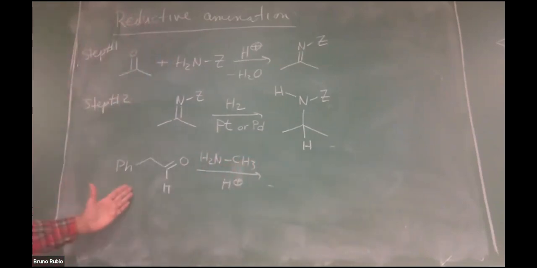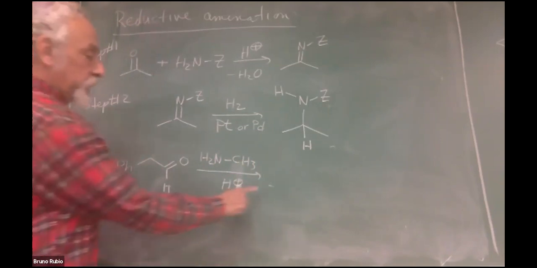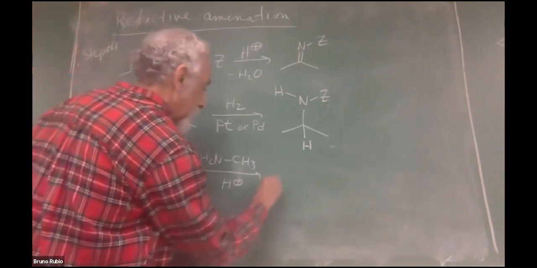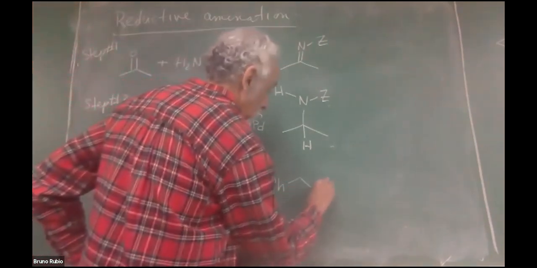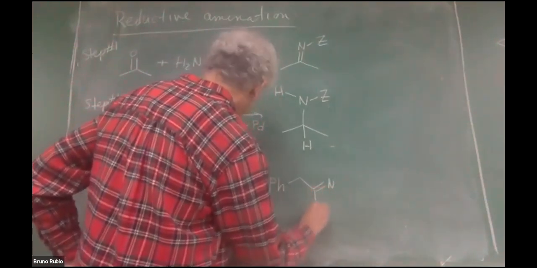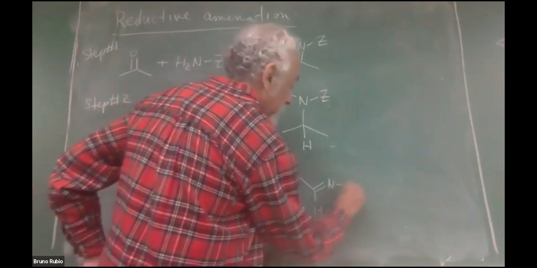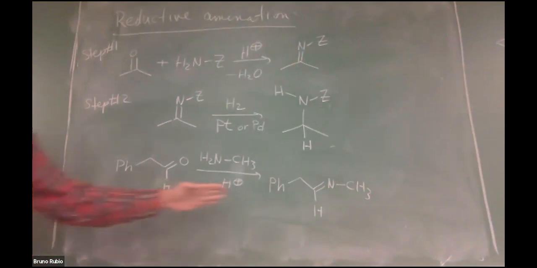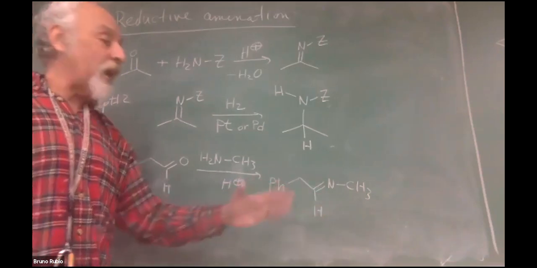This is the recipe for the imine. The carbon-oxygen double bond is replaced by a carbon-nitrogen double bond. There's the imine. And now in our second step, we take this imine and react that with hydrogen.